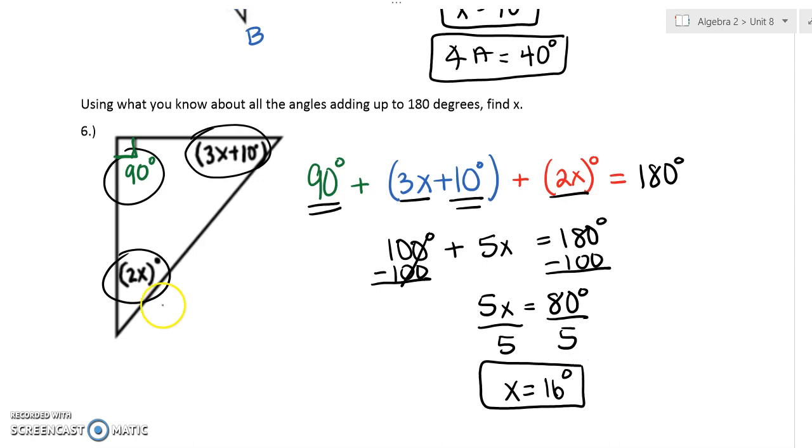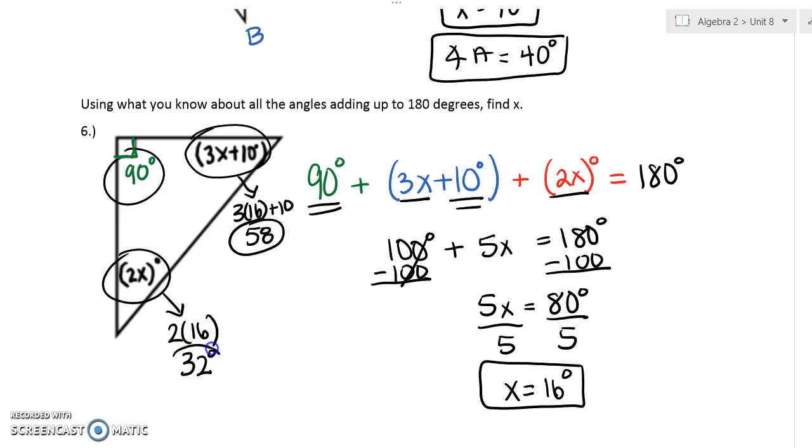Now I can check my work easily. So that angle right there is really 2 times 16, which is 32 degrees. And then this one is 3 times 16 plus 10. So 3 times 16 plus 10 is 58 degrees.